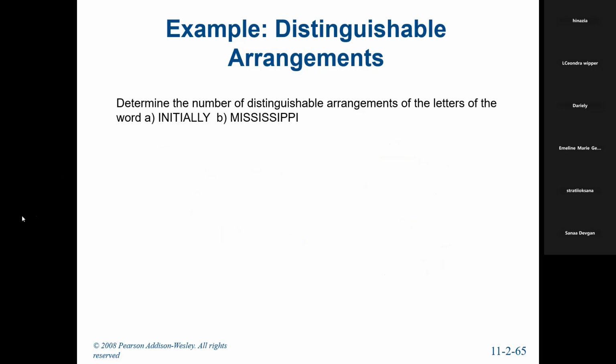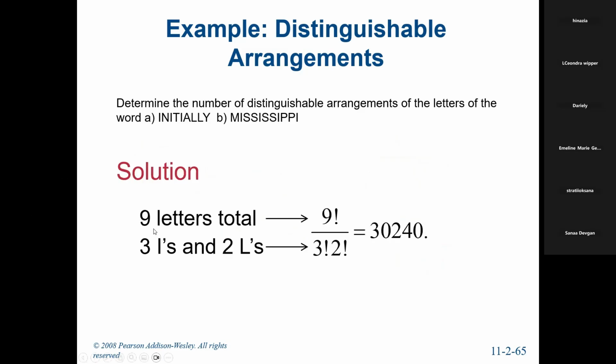Now you have an idea. See? 9 letters total, so that's 9 factorial. 3 I's and 2 L's. So that's 9 factorial over 3 factorial, 2 factorial.